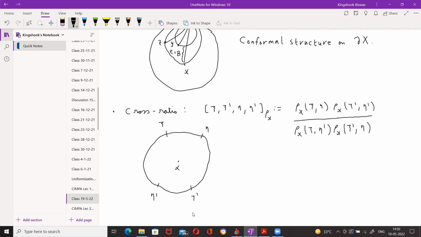What is this cross ratio? Each of these is e to the minus Gromov inner product. So the Gromov inner product gives me 4 triangles, right? Like this.